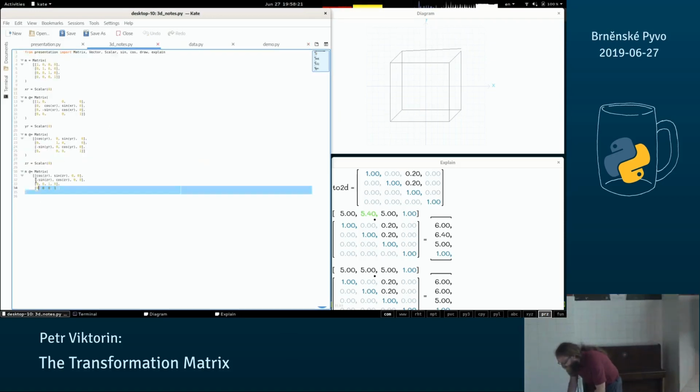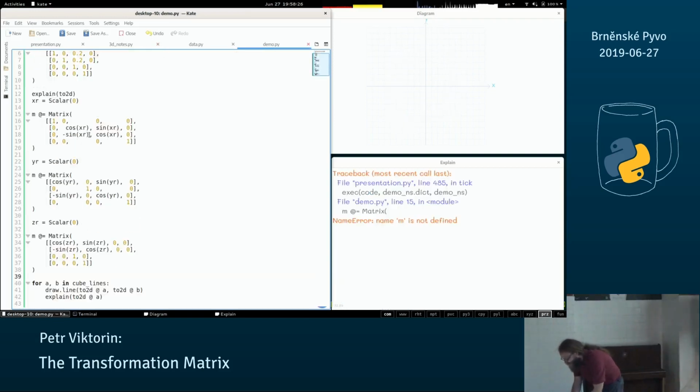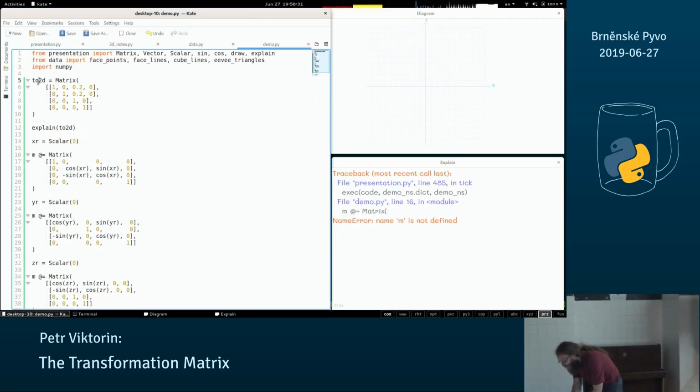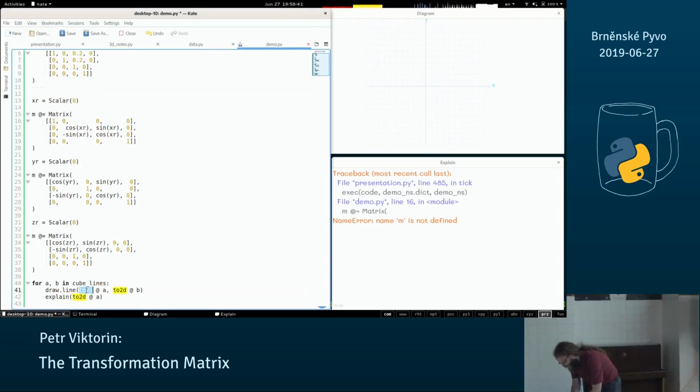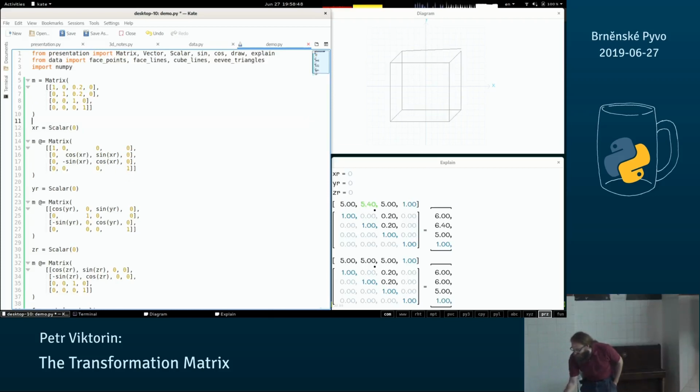So let me go to my notes and give you 3 rotation matrices. This should be called M. They look about the same as the rotation matrix before, but the sines and cosines are in different places.